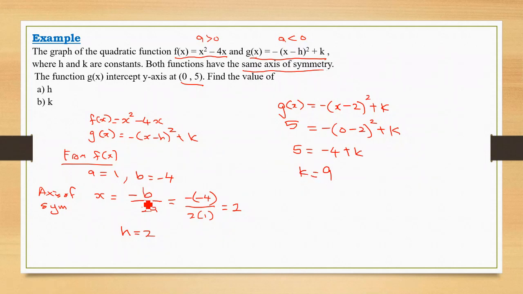The one I was emphasizing just now was this formula. If you are given the general form, and you know your a and b, just use negative b over 2a to find your x value. If you want to find your y value, substitute this x value into the function, and you will get your y value because the function will satisfy this.